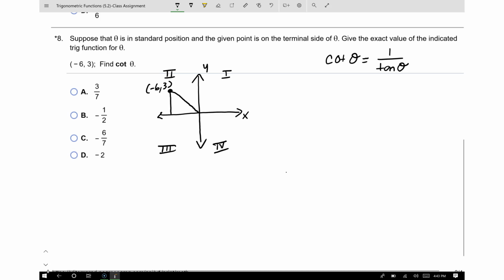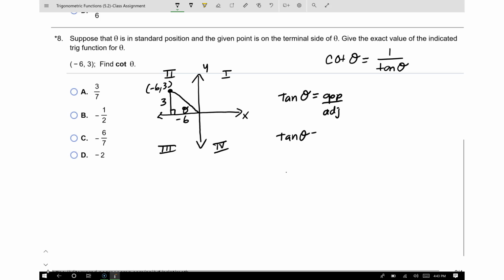And I'm going to make a right triangle. And I know that this will be negative 6. And I know the height is 3. And I know that this will be theta. So the tangent of theta is going to be the opposite over the adjacent.